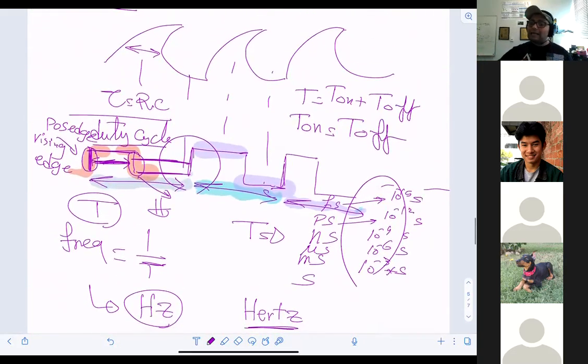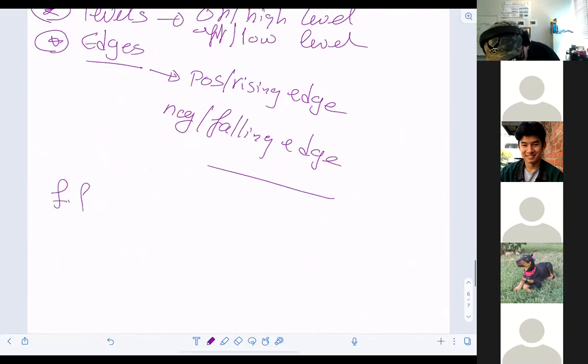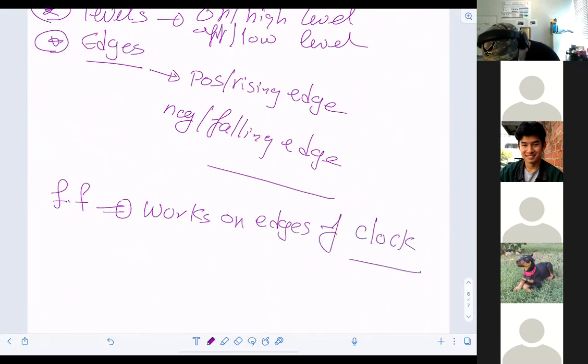Flip-flops, as sequential essential elements, are working and reporting outputs or movements between input and output in the characteristic based on the edges. Cool. Any question? Any concern? So flip-flop works on edges of the clock.